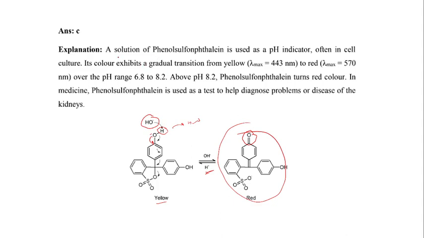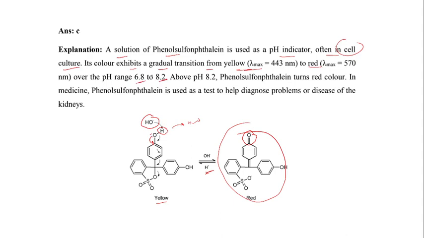A solution of phenol sulfoxylene is used as a pH indicator, often in cell culture. Cell culture is biology. Its color exhibits a gradual transition from yellow to red over the pH range 6.8 to 8.2.